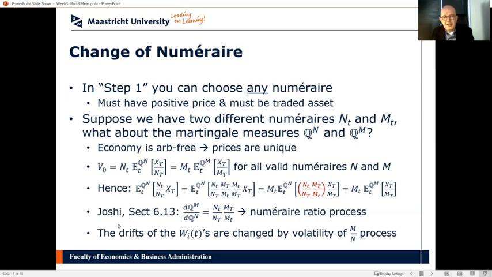And Joshi in section 6.13 also shows this result, that the Radon-Nikodym derivative of changing from martingale measure Qm to martingale measure Qn is this ratio of numeraire processes. And the way that I adjust my Brownian motions is that the volatility of the numeraire ratio process is what I need to adjust the drifts of my Brownian motion to go from one martingale measure to the other martingale measure.